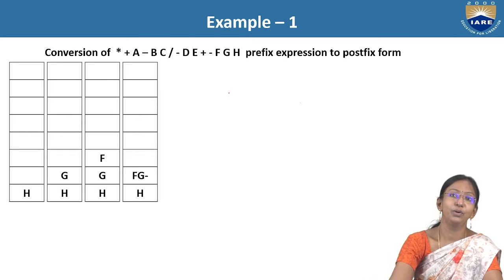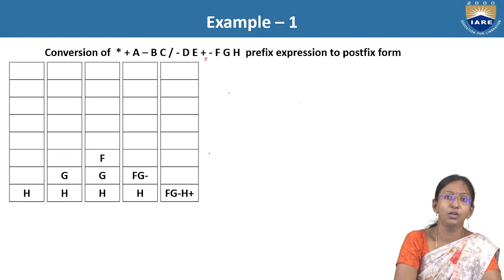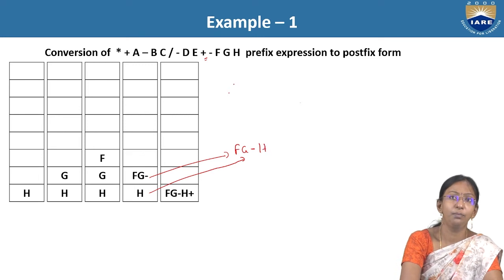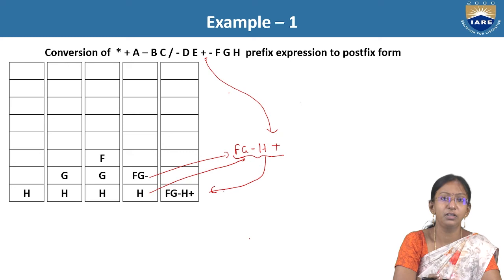So what is the next character encountered? Plus. How are you going to do this, guys? Pop, again the same point. Pop the elements. The top element is F, G, minus. The next element is H. And the operator is plus. This is the result you got: F, G, minus, H, plus.